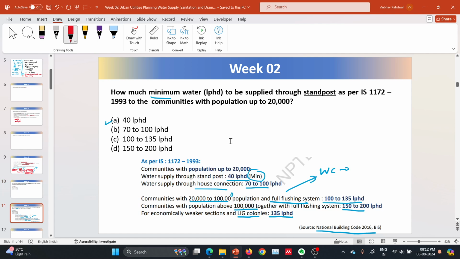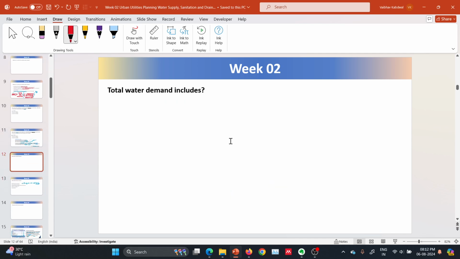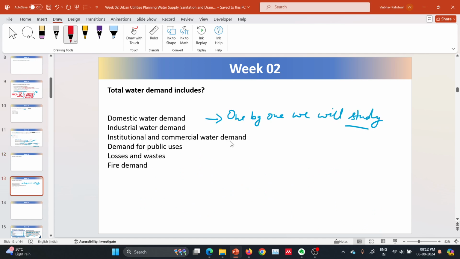So for stand post, the water to be supplied is 40 liter per head per day. And what does total water demand include? So total water demand includes domestic, industrial, and institutional, for public use, for losses and waste, and fire demand.